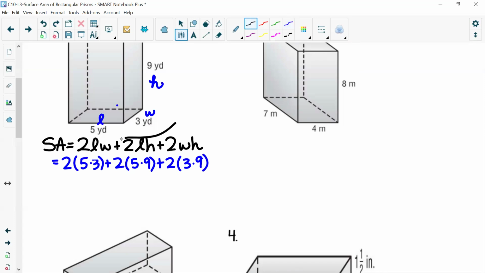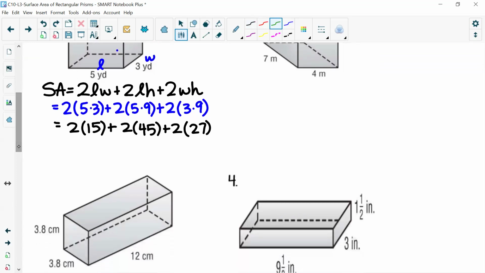So now I have 2 times 15 plus 2 times 45 plus 2 times 3 times 9 is 27. So now we are going to multiply our length and width, our length and height, and our width and height by 2.